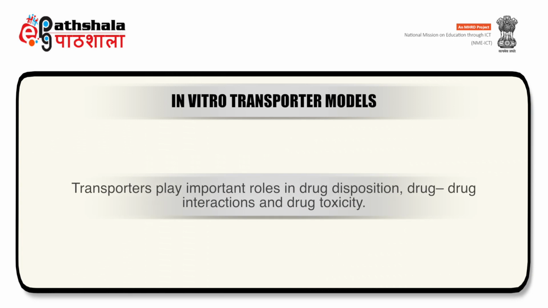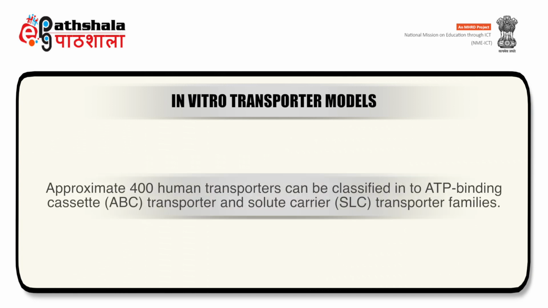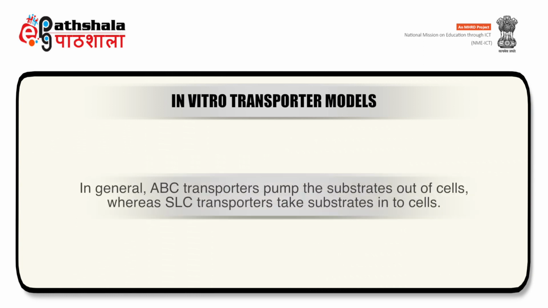Transporters play important roles in drug disposition, drug-drug interaction, and drug toxicity. Approximately 400 human transporters can be classified into the ATP binding cassette, that is ABC transporter, and solute carrier, that is SLC transporter, families. In general, ABC transporters pump the substrate out of the cell, whereas SLC transporters take substrate into the cell.